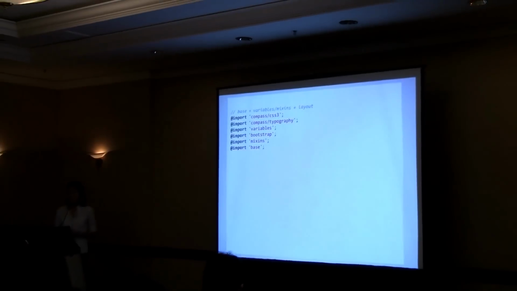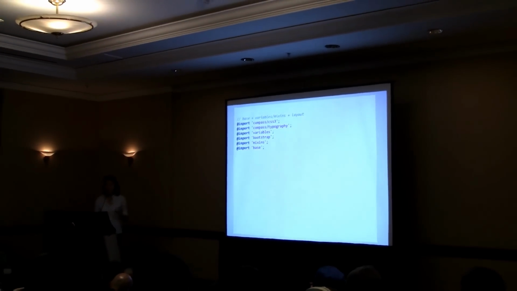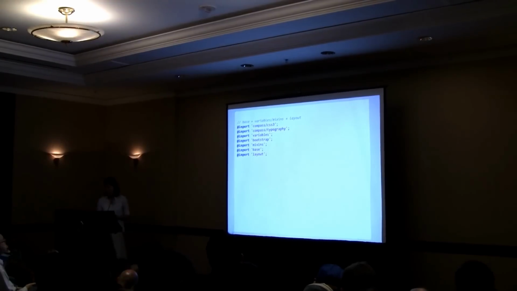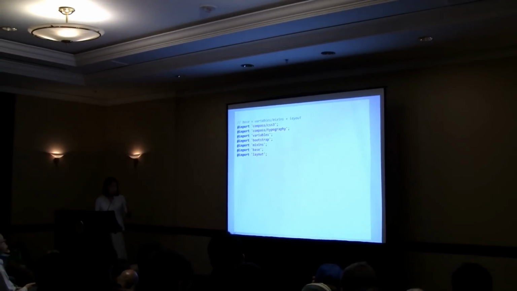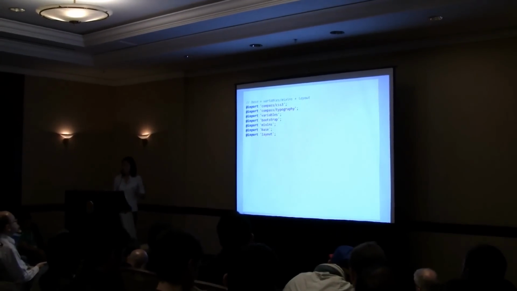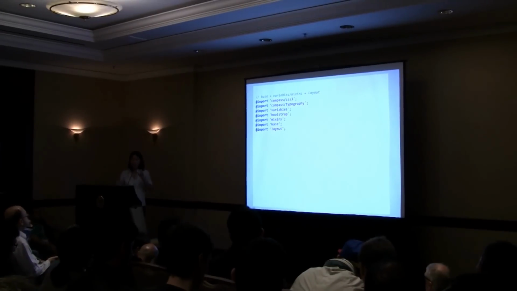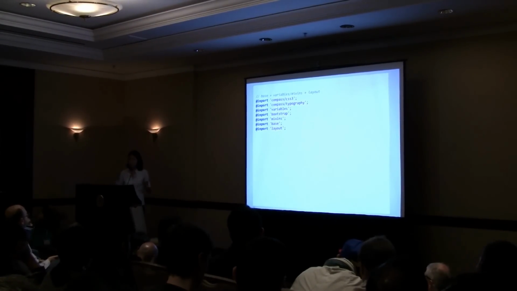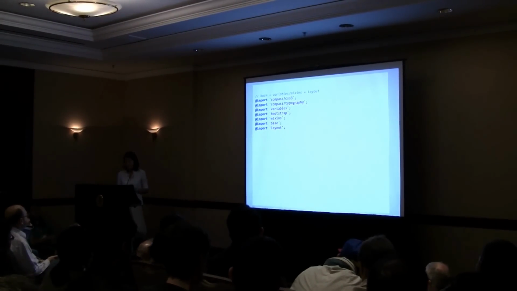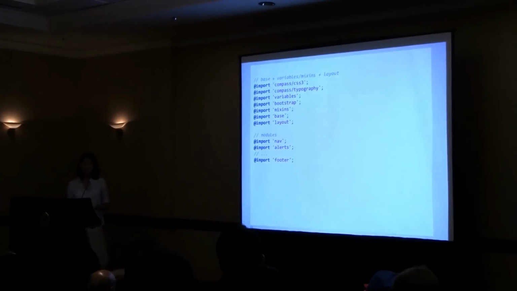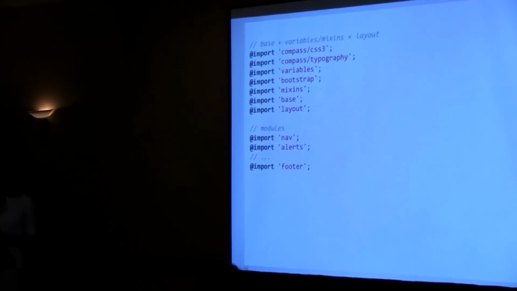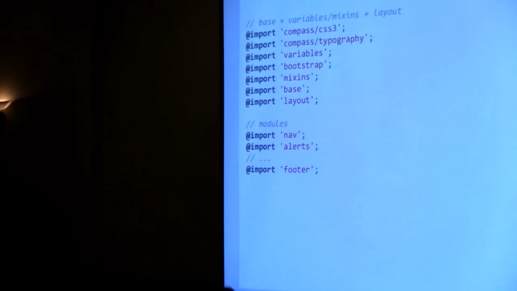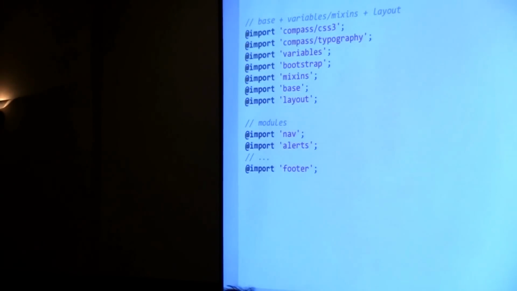So these are like how big you want your H1 headers to be, H2, and so on. Layout, where, if you use a grid, this is where your stuff would go. Basically, it defines where things go on a page. And then comes the meat of it, which are all the modules. These are all the reusable components that you have within your app and can be shared across your website.